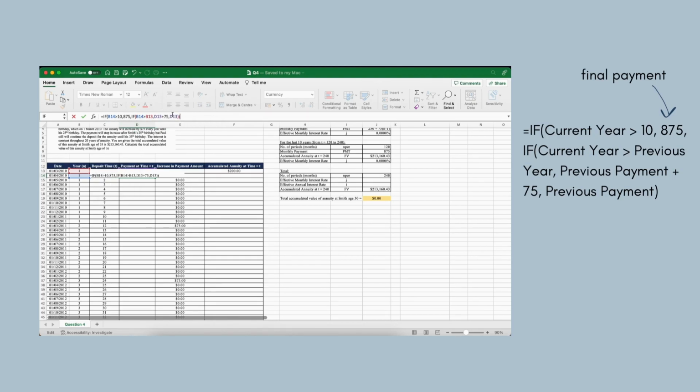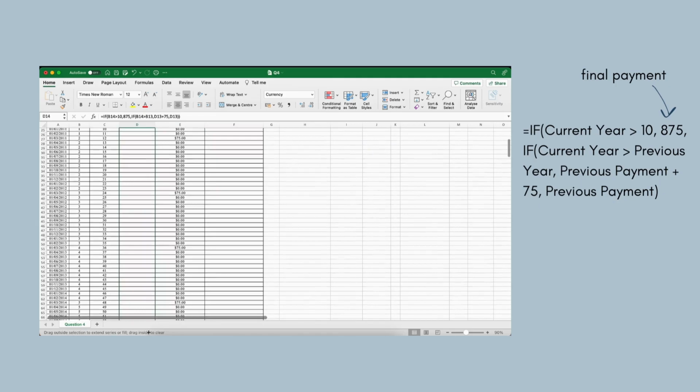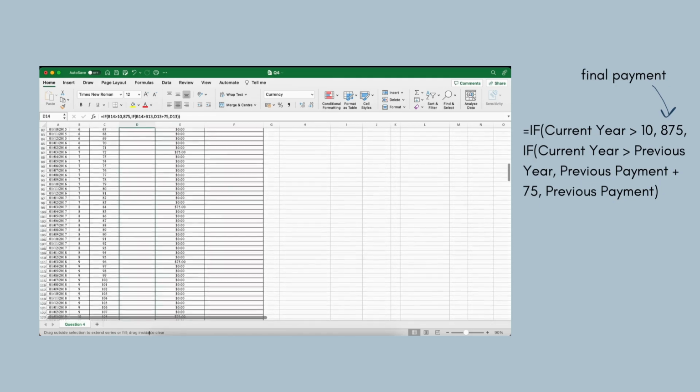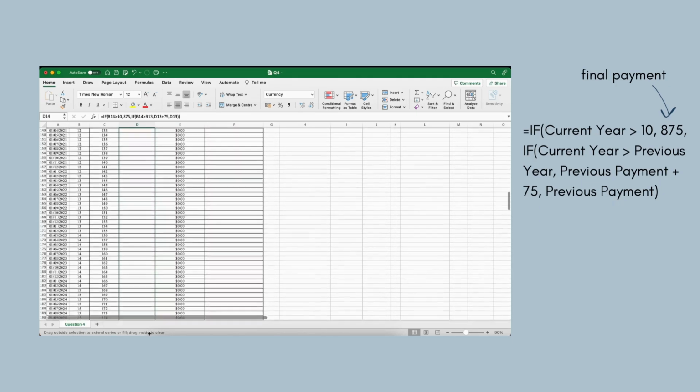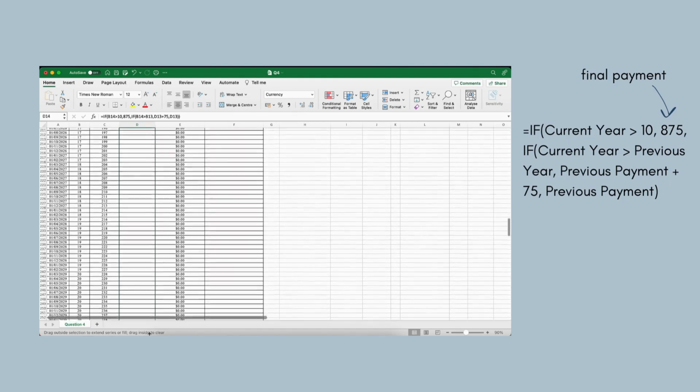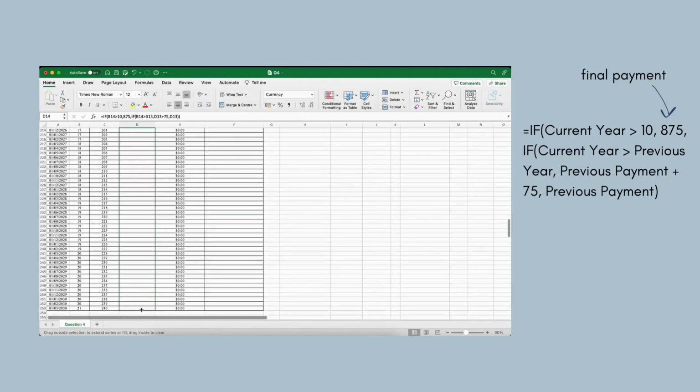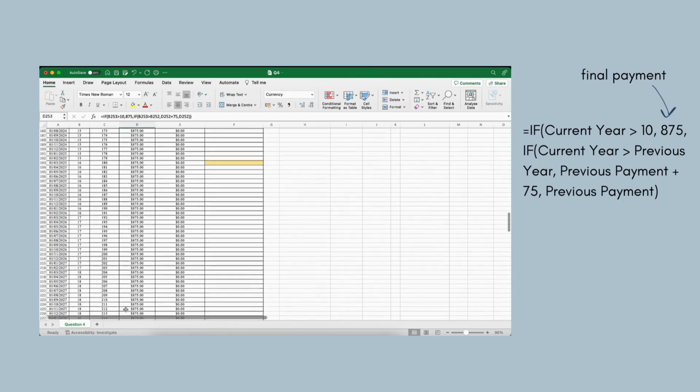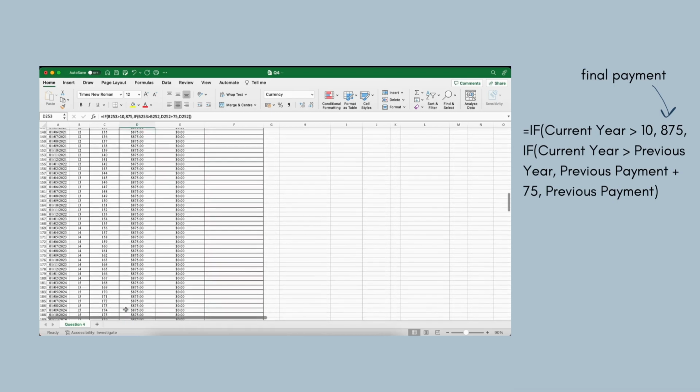So we will just put that in and drag it down again so that the other cells are also filled in with the same function. So there, as you can see, the final payment will be $875. And in the other periods, it will increase accordingly.